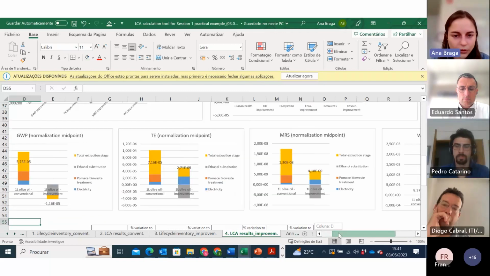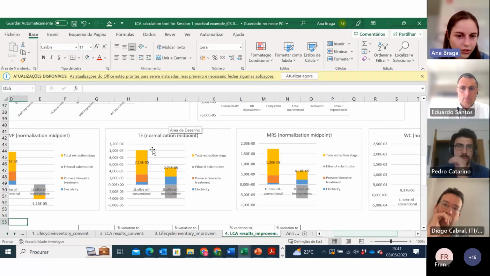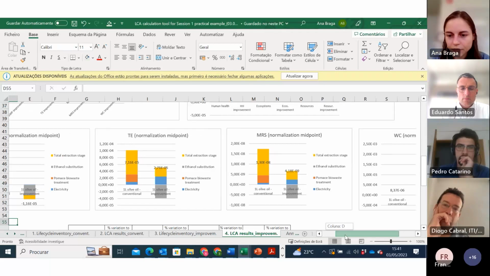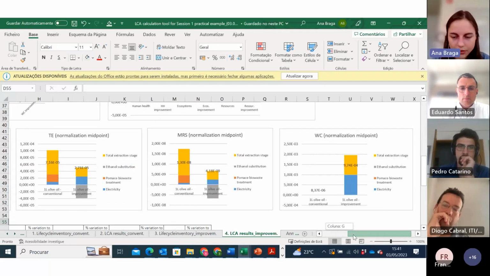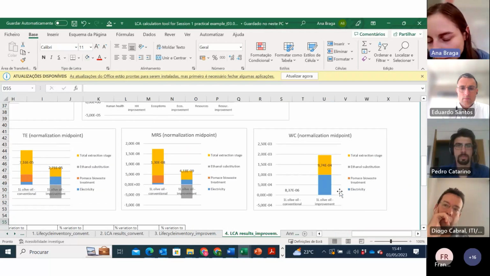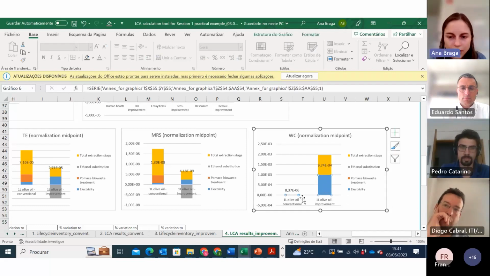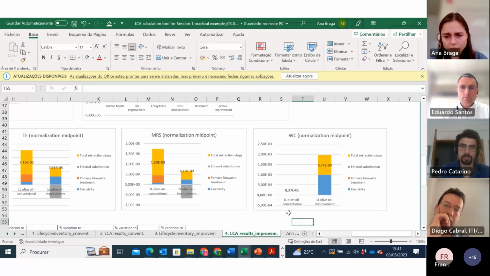So it's a good thing. Also for terrestrial ecotoxicity and mineral resources. But okay, what the results say to us is that the electricity here, from the conventional mix to photovoltaic 100%, causes water consumption to go a little higher.